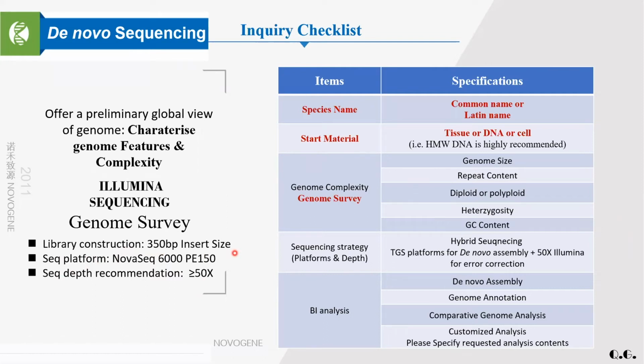And this genome survey can offer a preliminary global view of the genomes by characterizing genome features and complexities. And in addition to the de novo assemblies, we also offer genome annotations and comparative genome analysis. Well, if any customized bioinformatic analysis is required, please also specify the requested analysis content in this list.